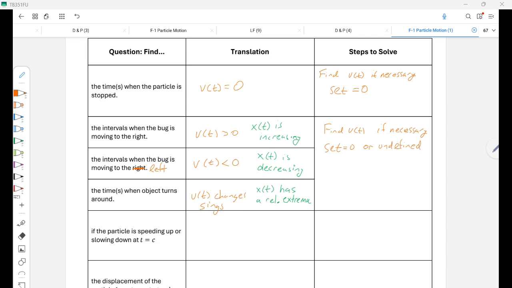You can't really set it equal to undefined, but if you're looking at a graph instead, you're just looking for those zeros or where it's undefined. And then make a sign chart. These are all the things you would do for increasing intervals, decreasing intervals, or relative extrema. So a lot of particle motion is just vocab. It's different vocab to tell you to do the same thing.